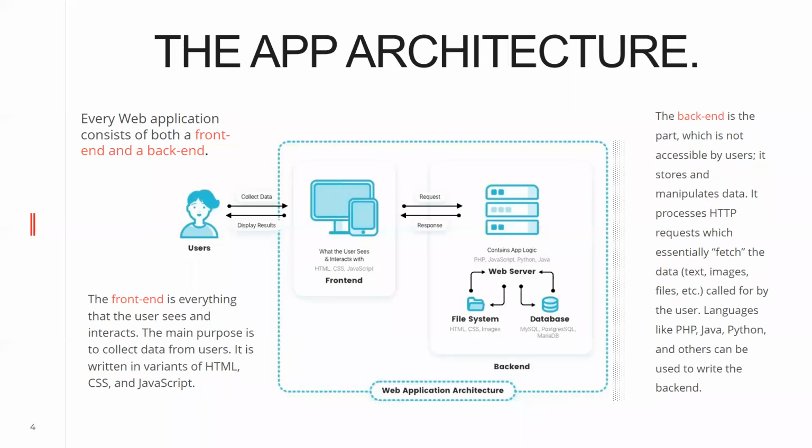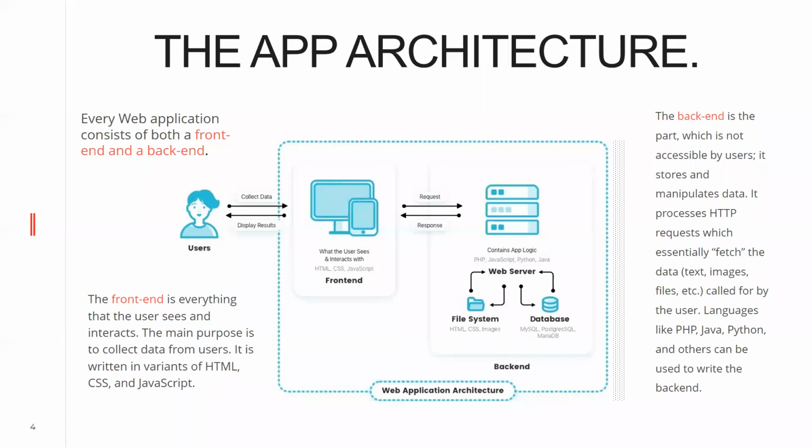The backend takes that request, processes it, finds the relevant information, packages it, and that data will be sent as a response to the front end. Then the front end gets that response, formats it, and displays it to you. This is what happens in any typical application.